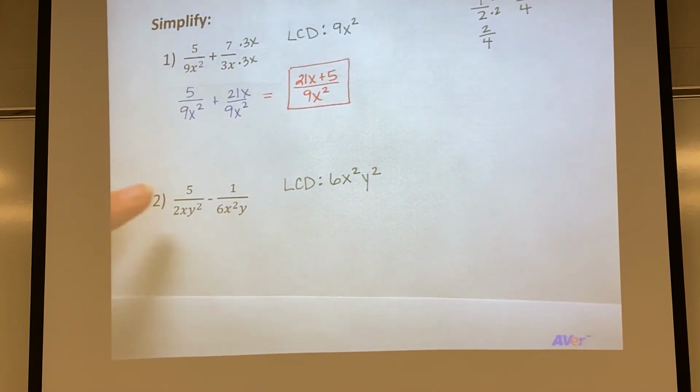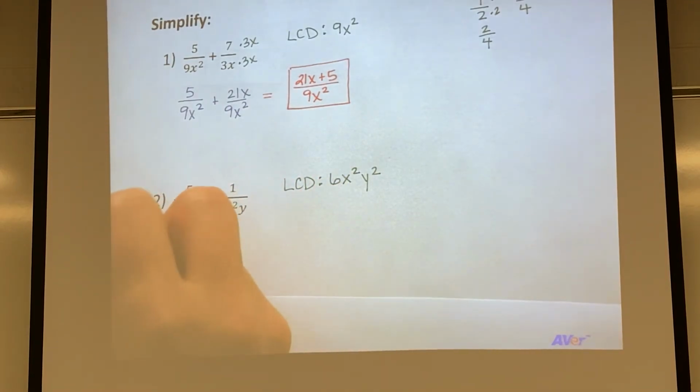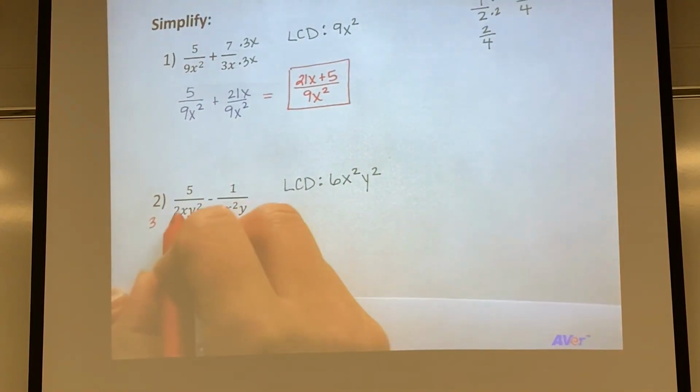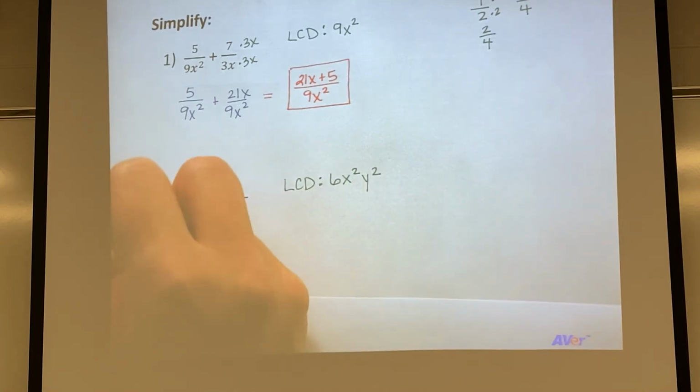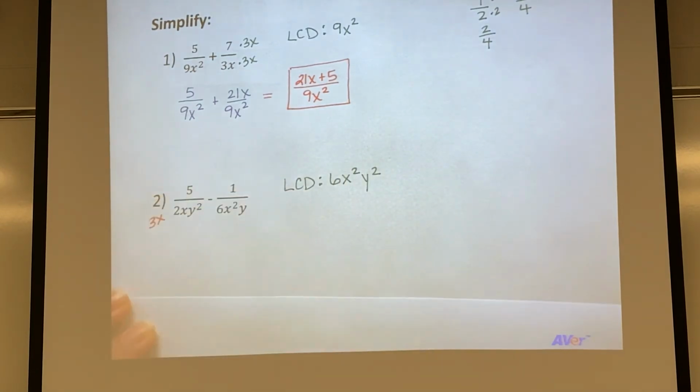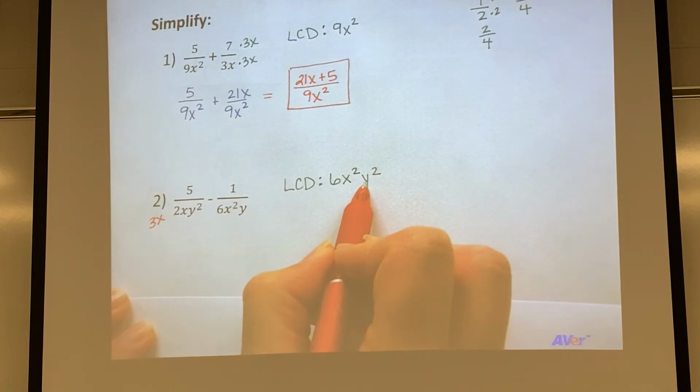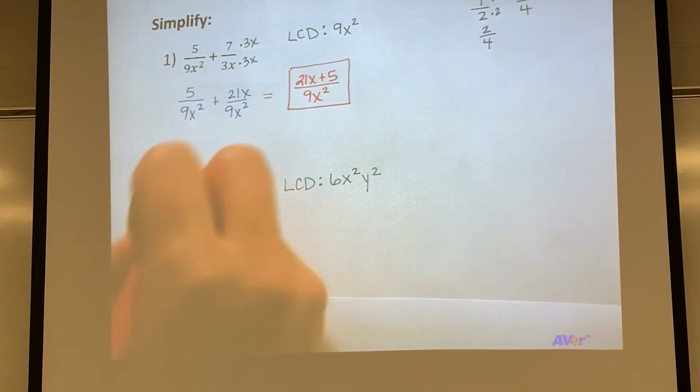If we look at just this first fraction, we'll notice that the 2 is not the 6. We're going to have to multiply it times 3 to make it 6. The x is not the x squared, so we're going to multiply it times x to get to x squared. Now the y squared is y squared, so we don't have to do anything with the y. So it looks like we are multiplying numerator and denominator by 3x.